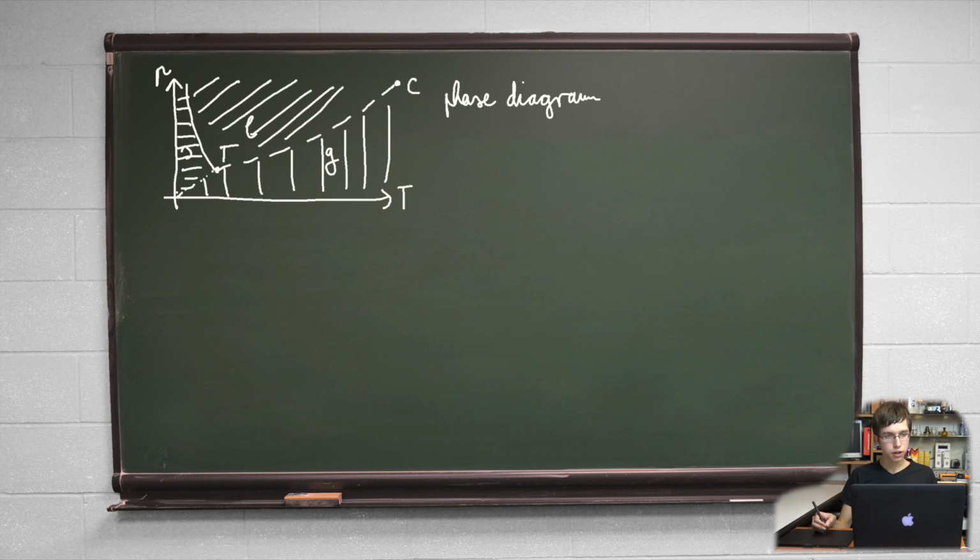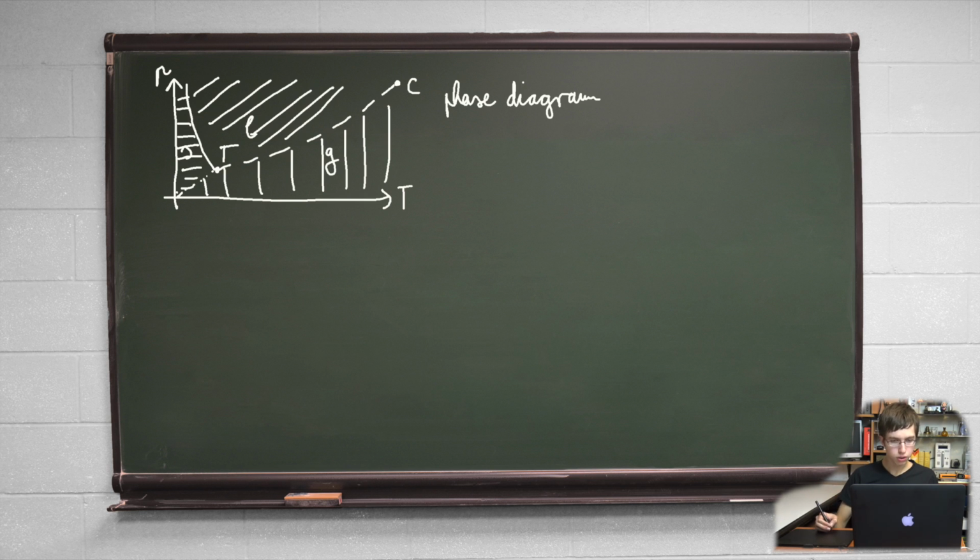You can see here three areas, S, L and G, and two marked points on it, point T and point C. On the x-axis is temperature and on the y-axis is pressure. The lines separate areas of phases, solid, liquid and gaseous.